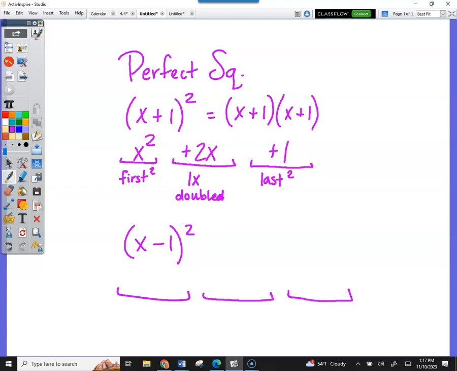That's the shortcut. So square the first term, multiply the two together, so negative 1x, and then double it. So it'd be negative 2x, right? And then square the last term. Look to see how I got that.